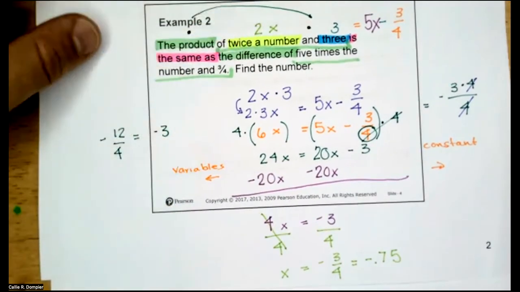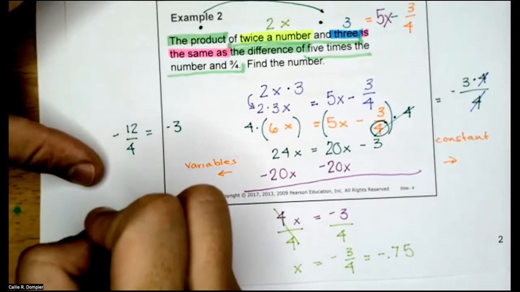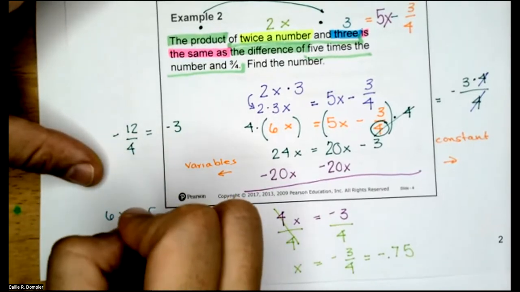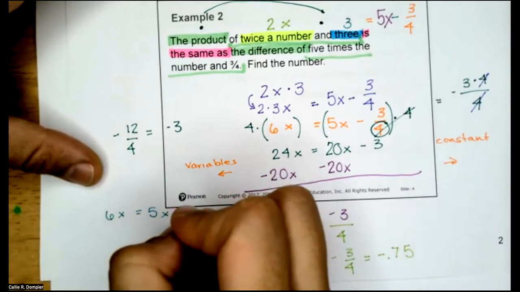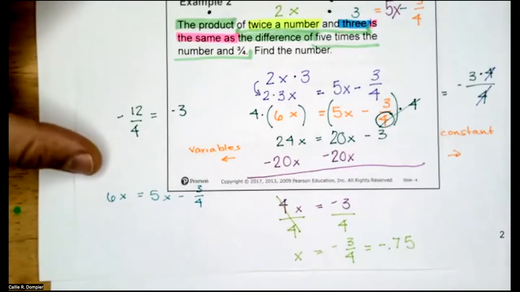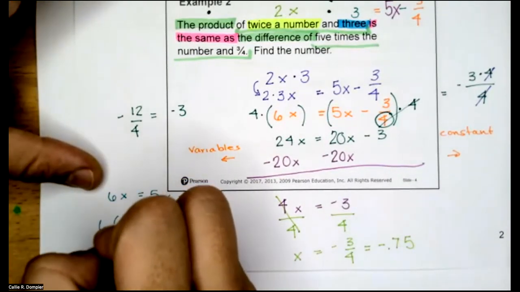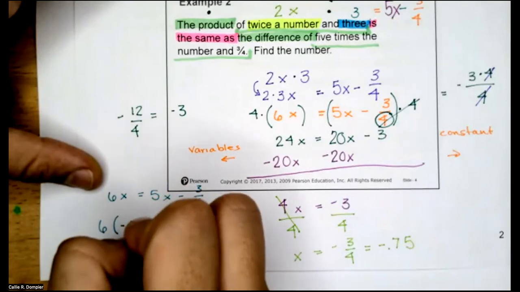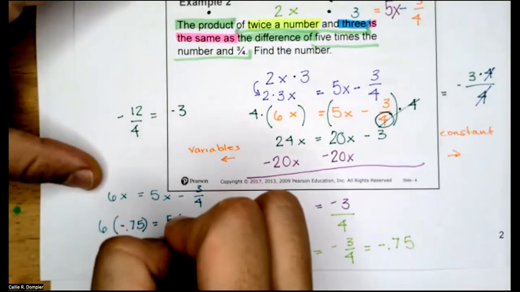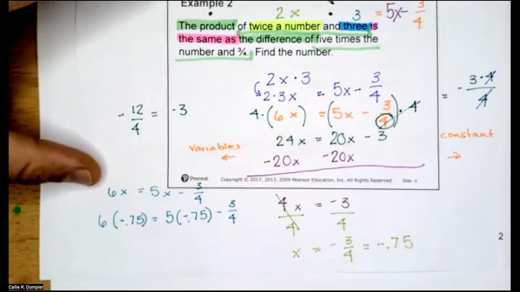back in here. So our original equation was 6x equals 5x minus 3/4. And I decided that our answer for x is -3/4 or -0.75. So 6 times -0.75 is the same as 5 times -0.75 minus 3/4.